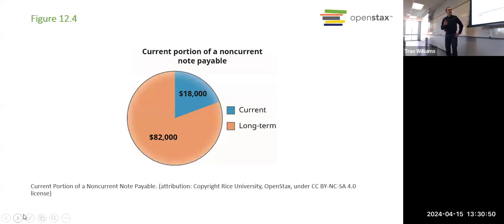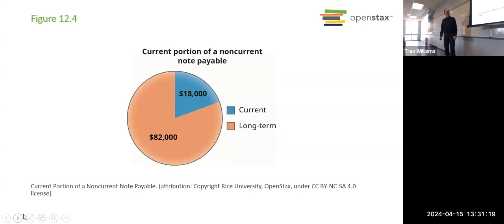Okay. So as I mentioned earlier, if you have a long-term note payable, oftentimes some of that is due this year. So what we see here, if this is the total that's due, $100,000, but only $18,000 is due this year, that's the current portion. And the other $82,000 that's due after this year is the long-term or non-current portion.